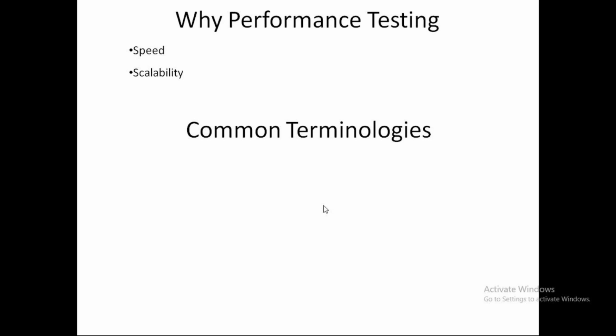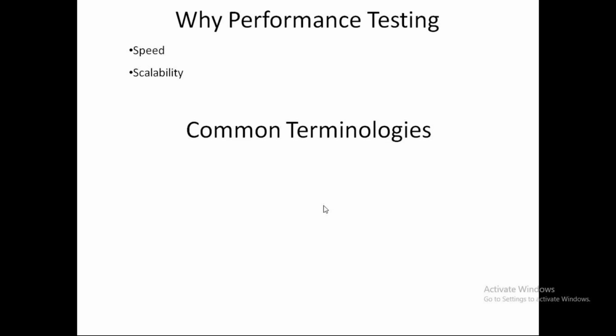Scalable means whether the application can support additional volumetrics or not. That volumetric can be the number of users, or the volume of data. Anything which puts the system under more stress will come under scalability. So we are also verifying the scalability.